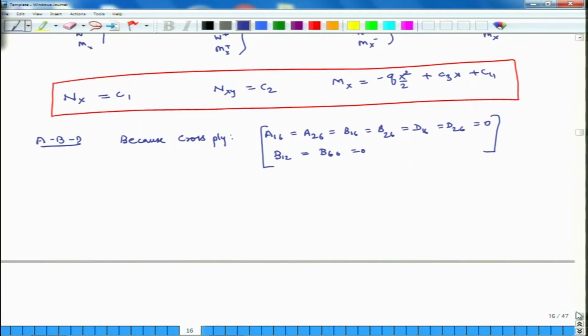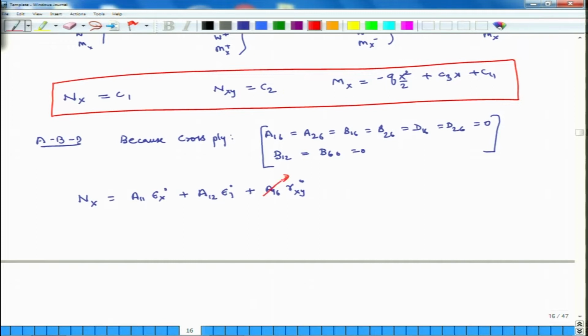Okay. So, now we start developing relations for Nx, Ny, Nxy. So, what is it? Nx is equal to A11 epsilon x naught plus A12 epsilon y naught plus A16 gamma xy naught at the midplane.